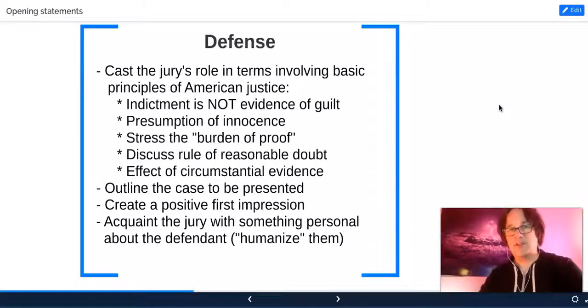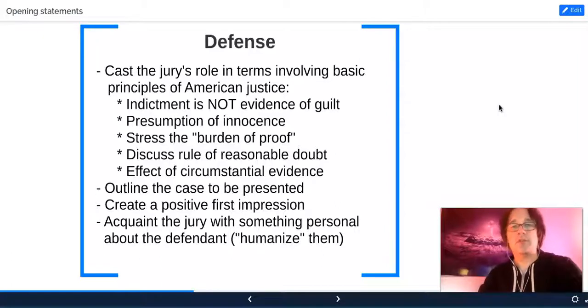Also to emphasize that there's a presumption of innocence, that a defendant is innocent until proven guilty, and that burden of proof is beyond reasonable doubt, and the defense should really stress that, and also discuss what reasonable doubt means, how it is a very difficult standard to reach, and it's up to the prosecution to prove beyond a reasonable doubt.